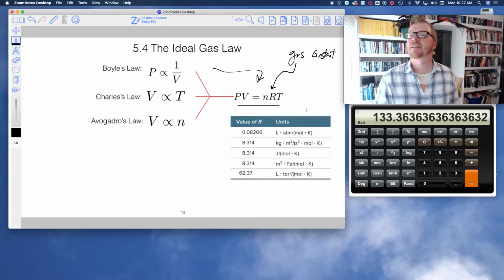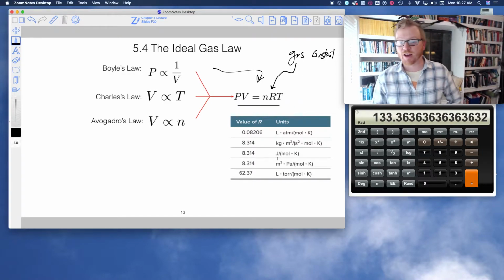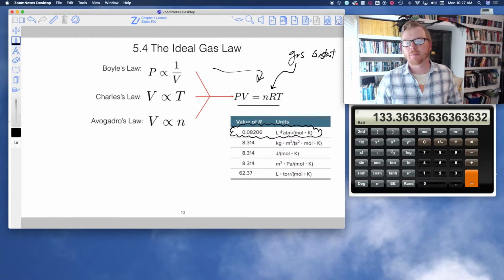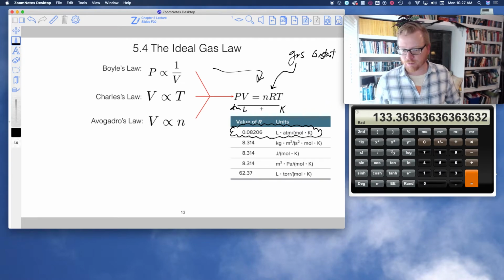the gas constant. Here are all of the various flavors of the gas constant, depending on what units you are using. I will circle this one. This is the most common one we will use, 0.08206, because it's got V in liters, pressure in atmospheres, temperature in Kelvin, and moles.